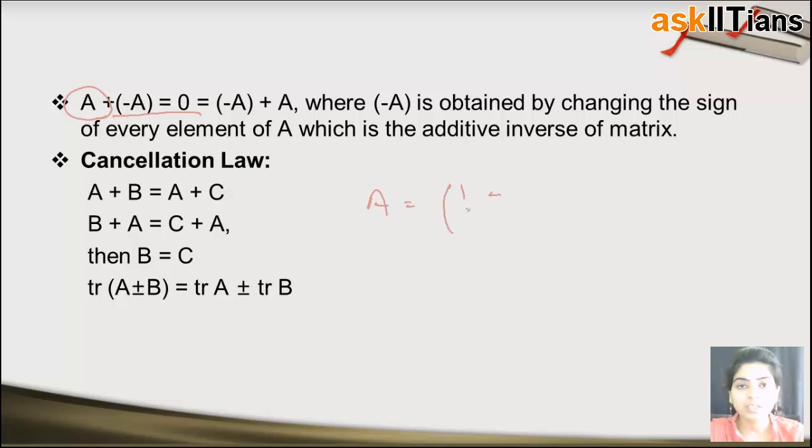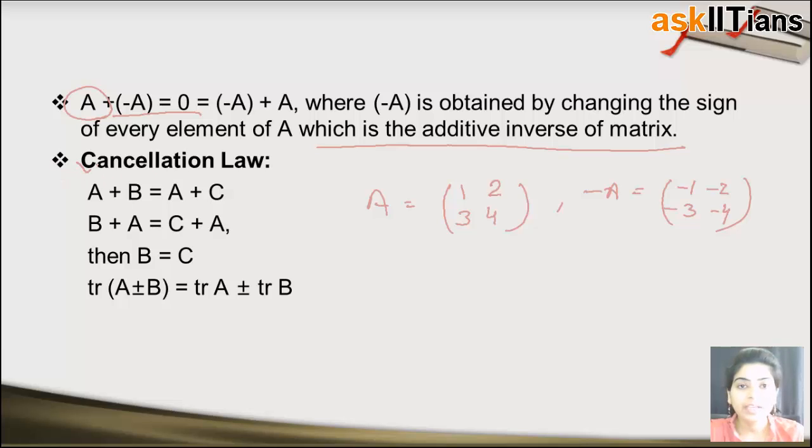Suppose I have a matrix A equal to 1, 2, 3, 4, then minus A would be just the negative of each and every element of matrix A. So A is 1, 2, 3, 4, then minus A would be minus 1, minus 2, minus 3, minus 4. So A plus minus A is equal to 0 is equal to minus A plus A, where minus A is obtained by changing the sign of every element of A, which is the additive inverse of A.